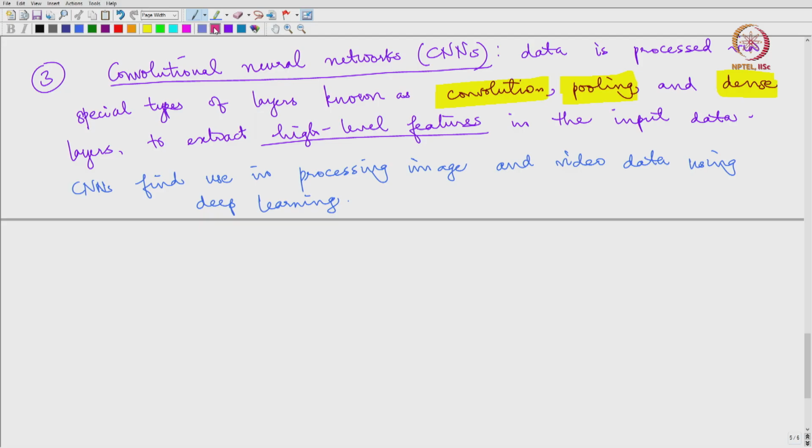The next type of neural network that I want to introduce, and this is particularly useful today, is the class of transformers, and these have become popular only in the recent decade, in the last 8 to 10 years.